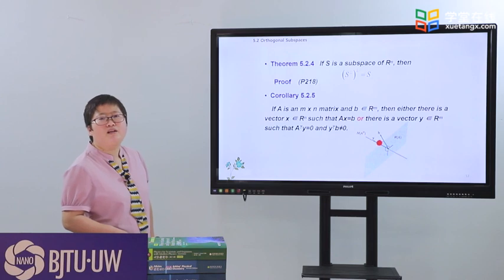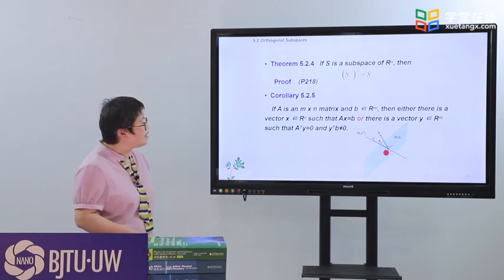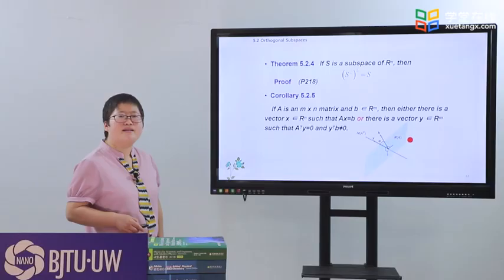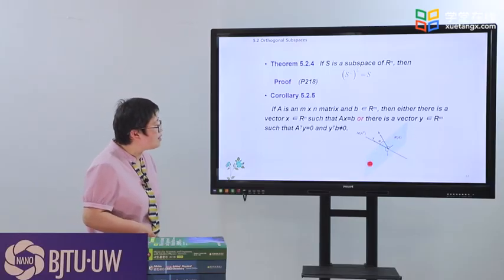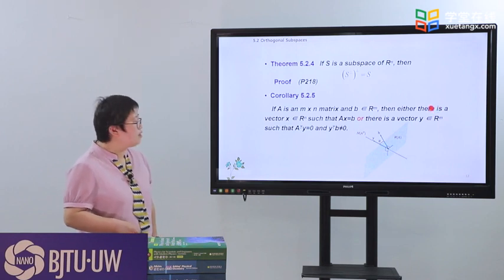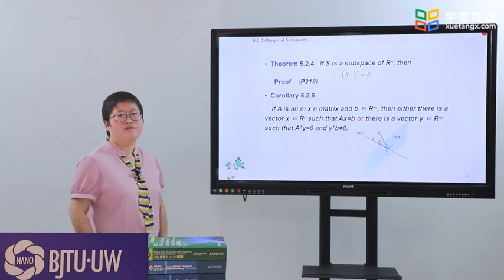By the fundamental theorem, we know that it is the orthogonal complement of the range of A. So it's like here, and given any vector b belongs to R^m, b can only have two possible cases. One is in the range of A. Another case is b is not in the range of A.